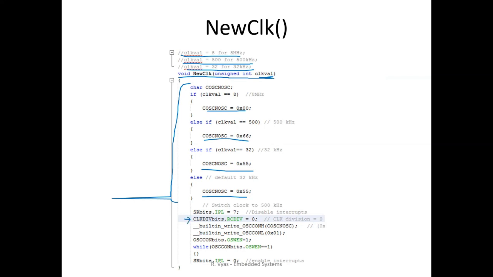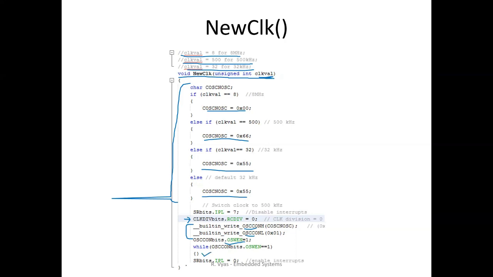If I want to scale the clock even more, these lines of code do a special write into that OSCCON register that I showed in the previous slide. After that, I set the OSWEN bit equal to 1, and that's what initiates the clock switching. Until the clock switching is done, it stays here in this while loop.